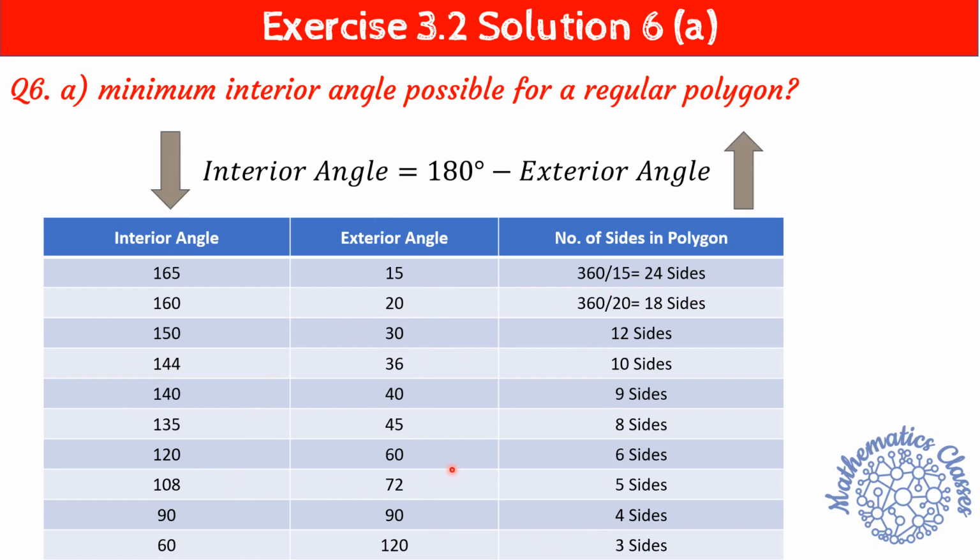Also, note that for that exterior angle, our polygon should exist. It means all the values for exterior angles should be a divisor of 360.